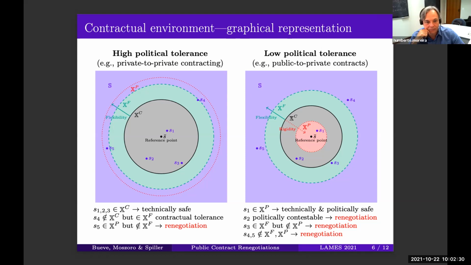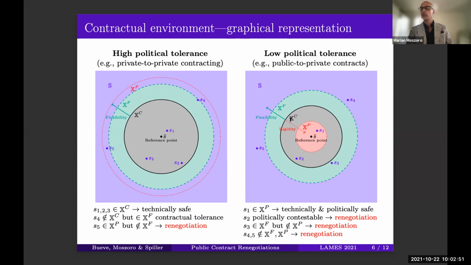The contract, yes. This is the contract that you come in and negotiate. Yeah, but this set is given in the model, right? So this set is not endogenous. No. The set is negotiated by both parties. So this is an endogenous thing.